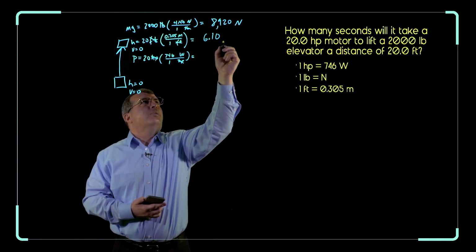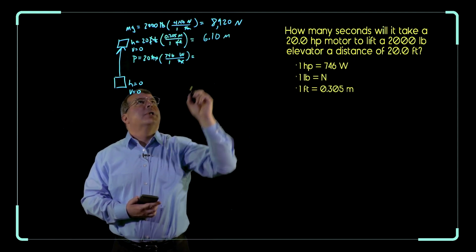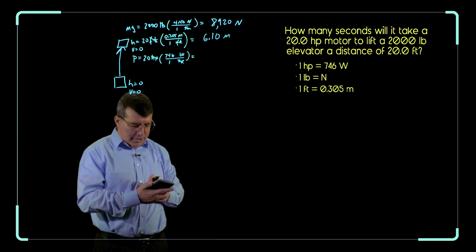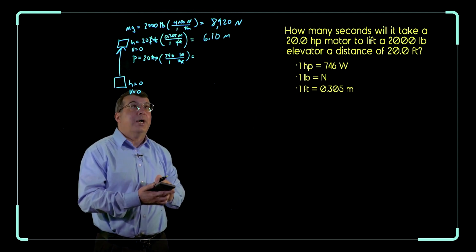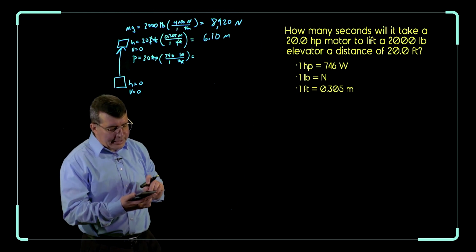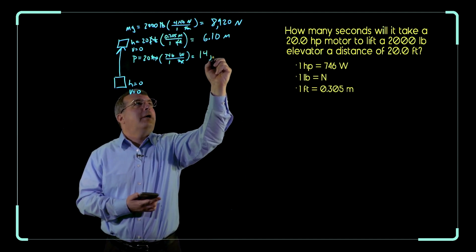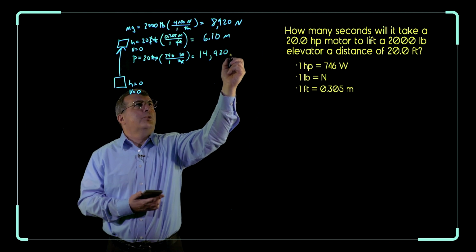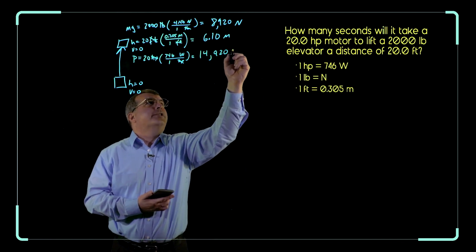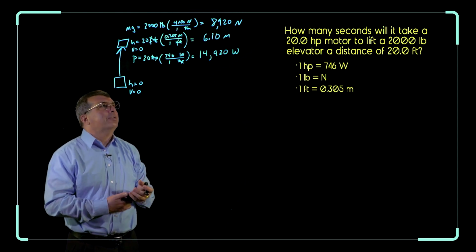And this is a decimal point, 6.10 meters. And the power is 20 times 746. That's 14,920 watts of power. Okay, so that's a lot of watts of power.